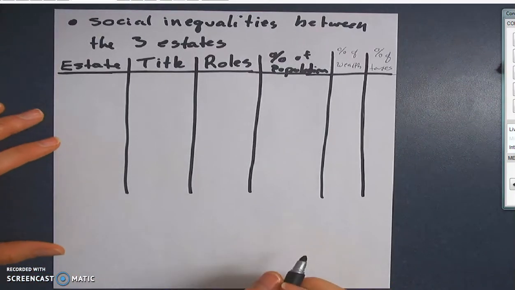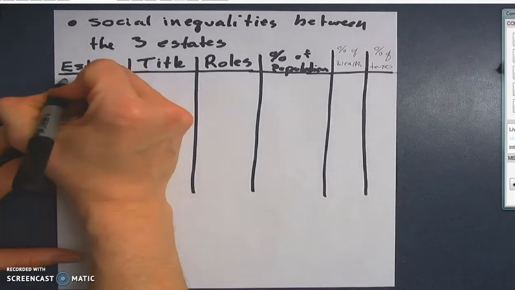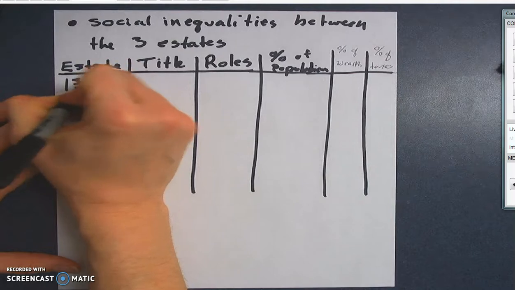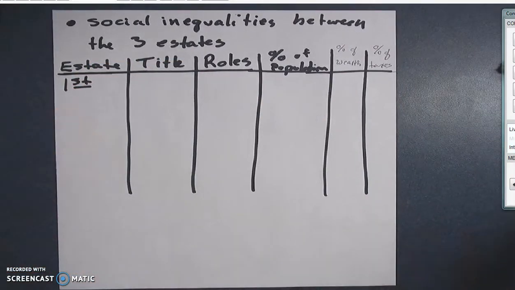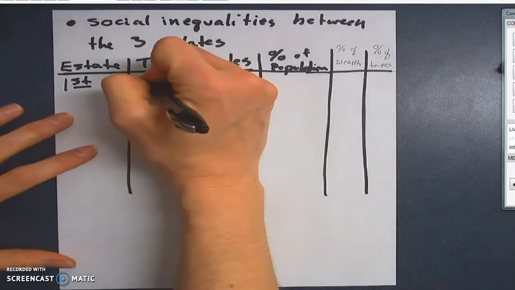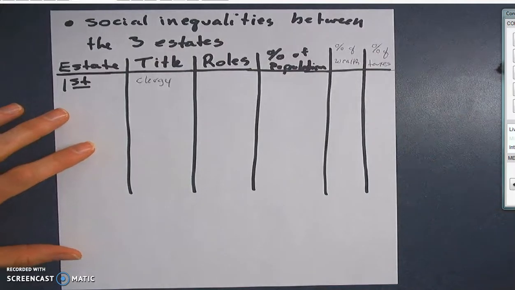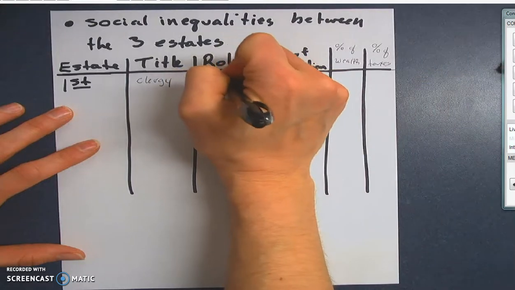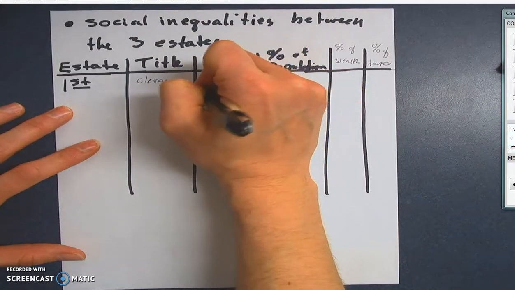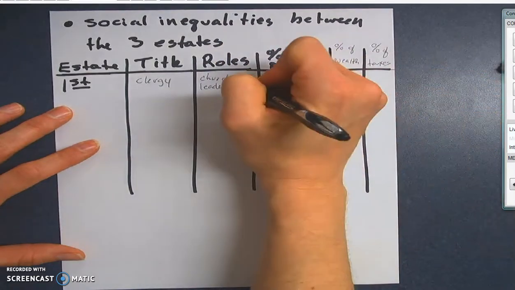All right, so the three estates that are in France, there is the first estate. And this first estate is made up of the clergy. So these are the church leaders and officials.